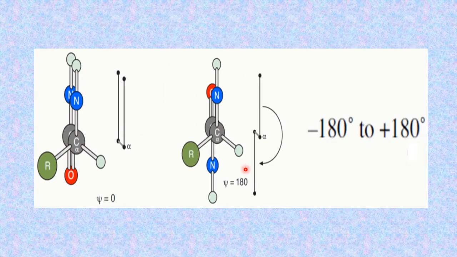So in this manner, the value of the psi angle may range from minus 180 degree, because similar rotation is also possible in the counterclockwise direction, and the rotation angle for this psi angle hence may range from minus 180 degree to plus 180 degree.